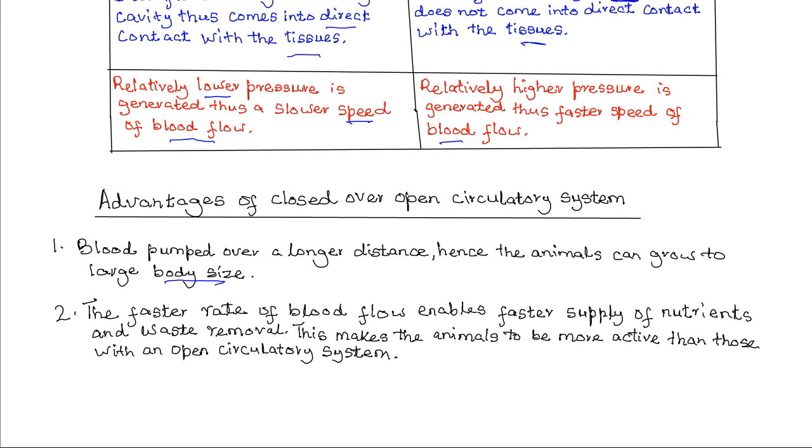The higher pressure enables the blood to flow at a faster rate. This means that nutrients are supplied at a faster rate and waste materials are removed faster. This makes the animals more active than those with an open circulatory system.